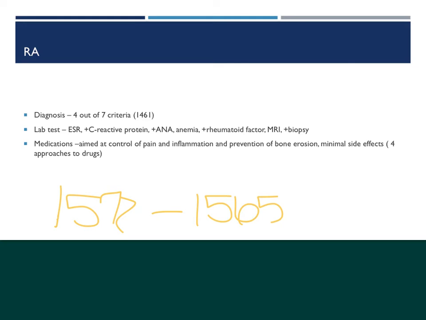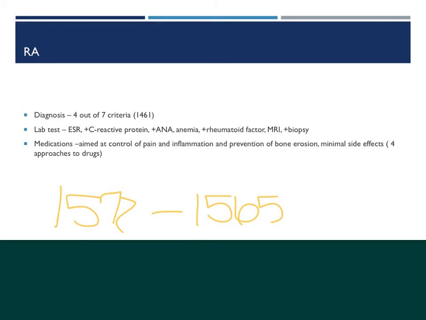Then we get over to your tumor necrosis factor inhibitors. These are the newest ones that are on the market. This is your Enbrel, your Remicade, your Humira. And these guys also block the tumor necrosis factor and help decrease the inflammatory response at the joints.